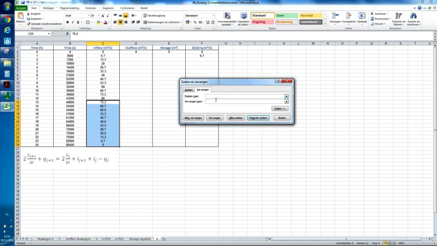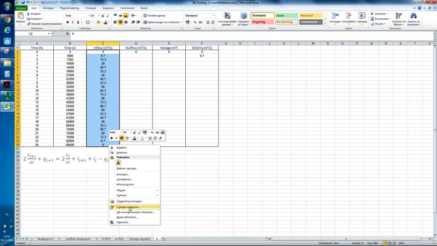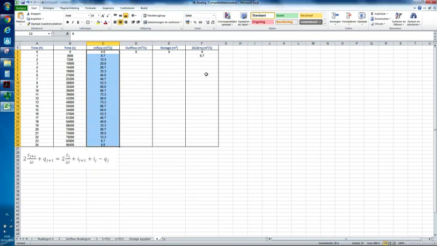I will replace them immediately. That will be easier than typing it each time, like this. And let's add 1 digit behind the decimal sign for all of them.